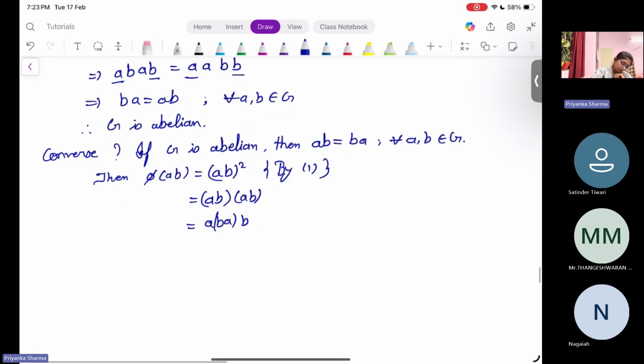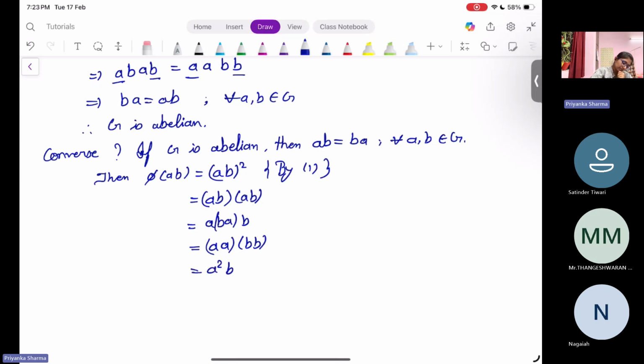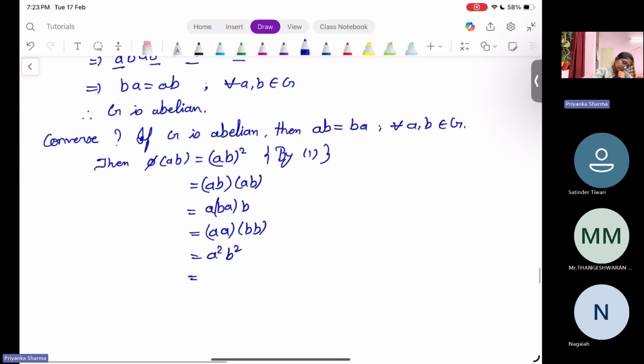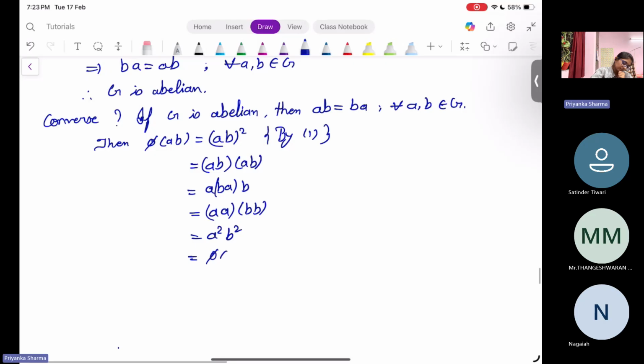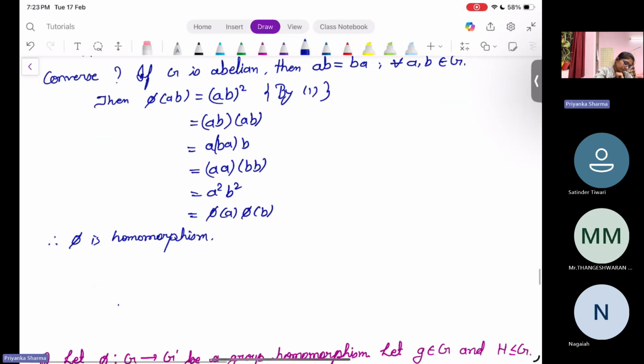Here we use associativity actually. So this can be written as abb. So this will be a square, this will be b square, and this will be phi of a, phi of b. So we conclude that phi is a homomorphism.